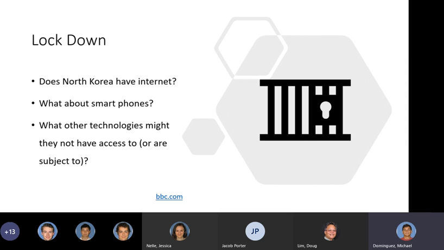They do have smartphones, but only on the one cell service that they have there. So it's really hard for them to access other technologies as well.